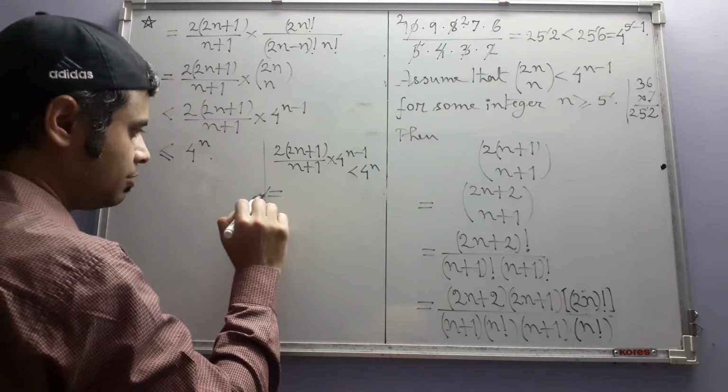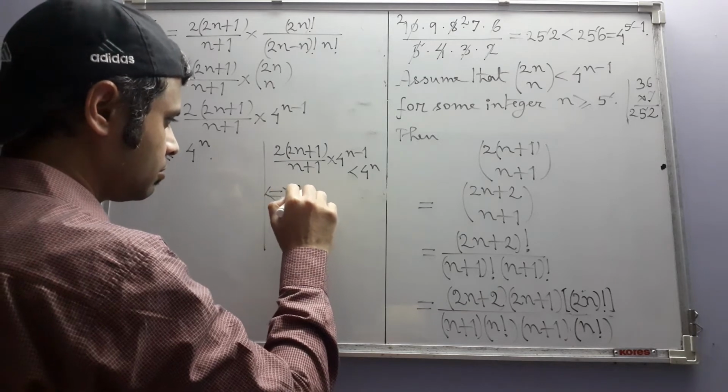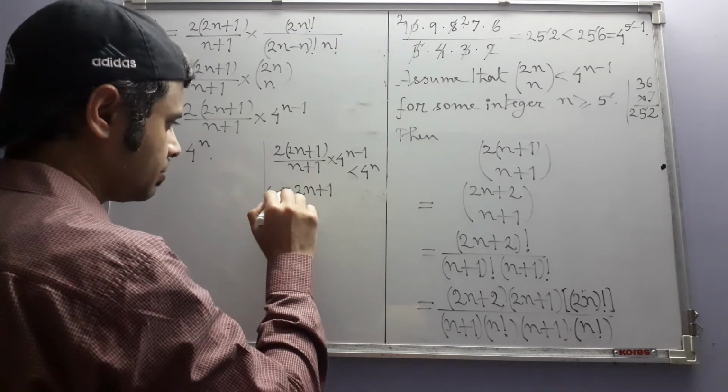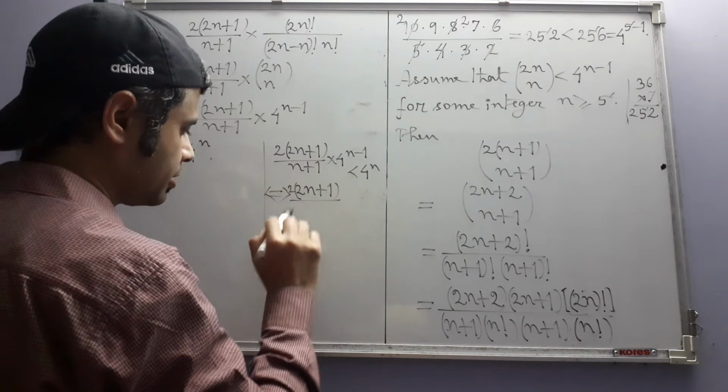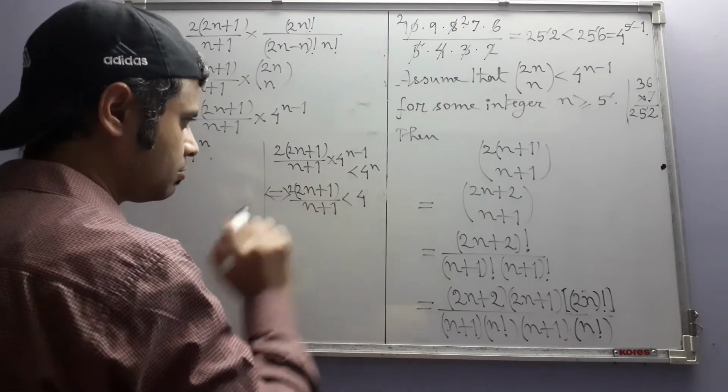This is true if and only if 2n plus 1, let's keep 2 for the time being, is less than 4.